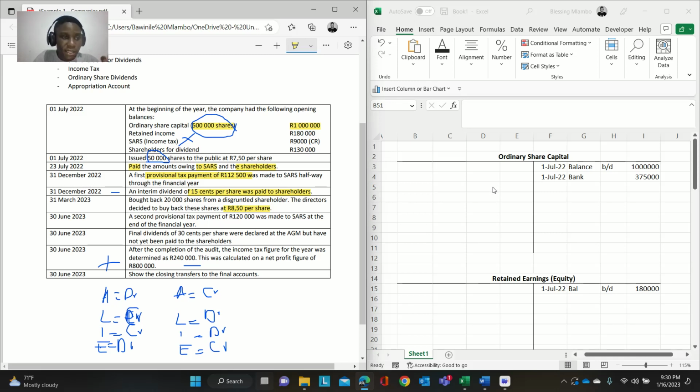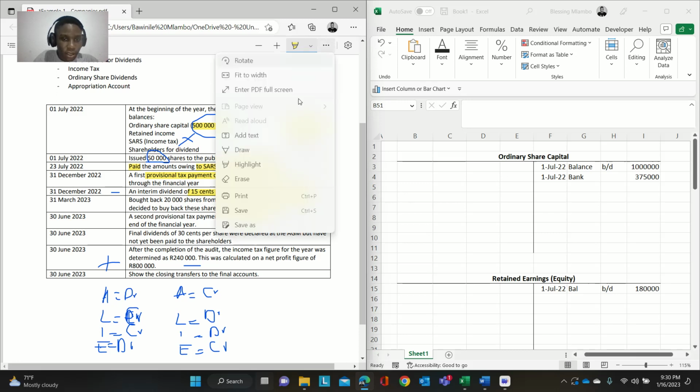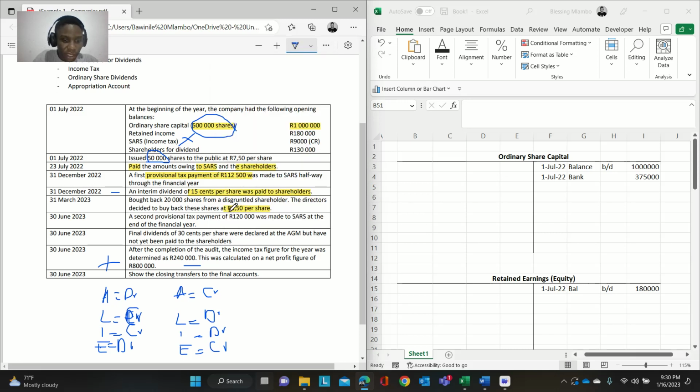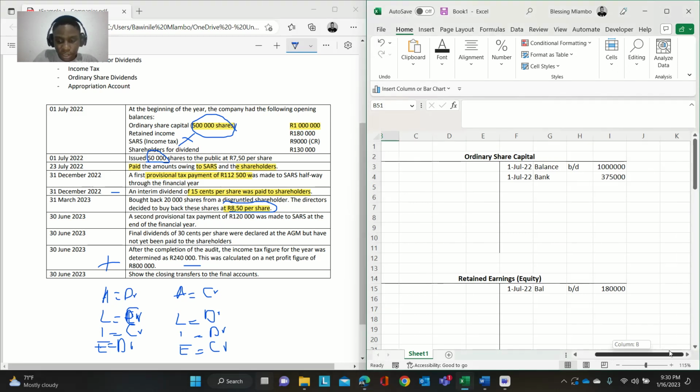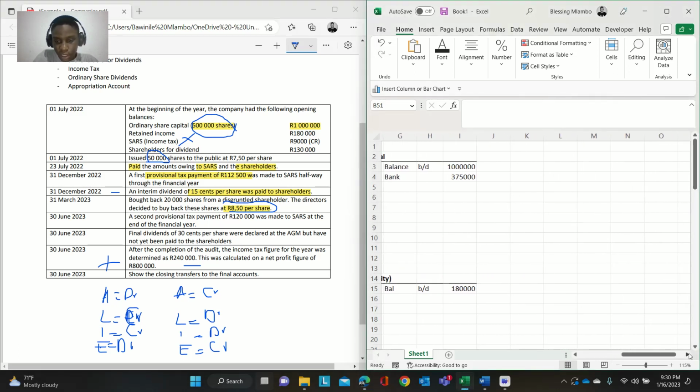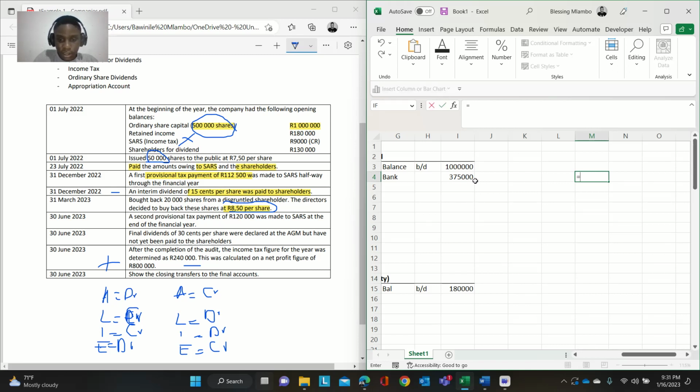And here's a tip. The ordinary share account doesn't decrease by the full buyback amount of 850. We only decrease the ordinary share capital by the average share price on that date. How do we get the average share price? You take the total value of your shares at a certain date.